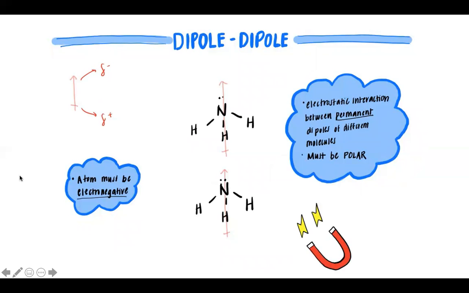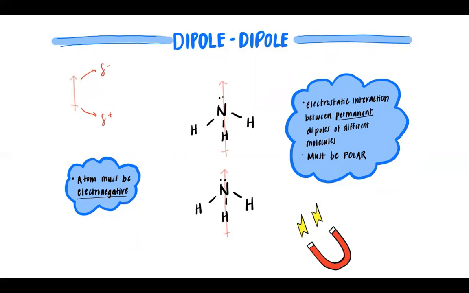Dipole-dipole interactions are much more simple to understand. Dipole-dipole interactions occur between two permanent dipole molecules. The polarization in the molecule due to the electronegativity gives permanent positive and negative charges to the atoms. This attracts the opposite charge to interact with another molecule. So here is an example of the molecule ammonia.